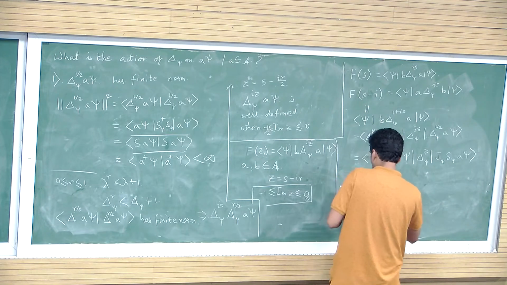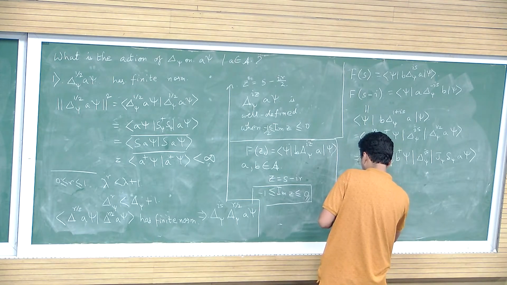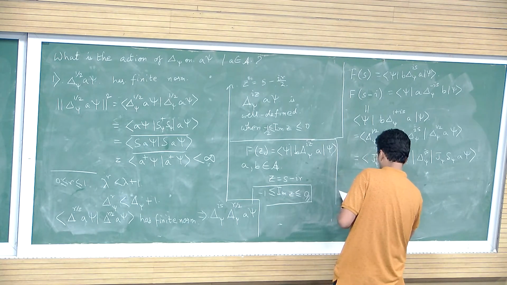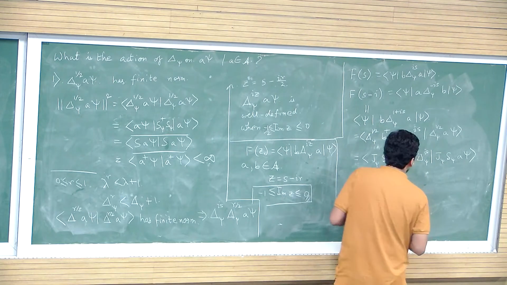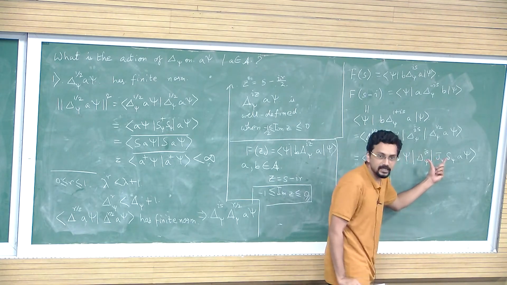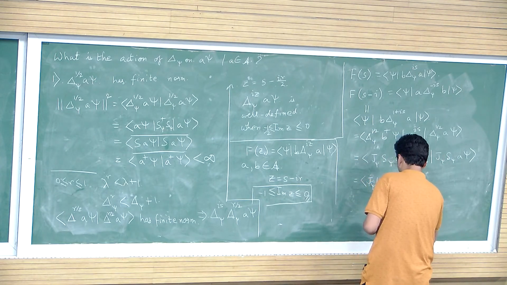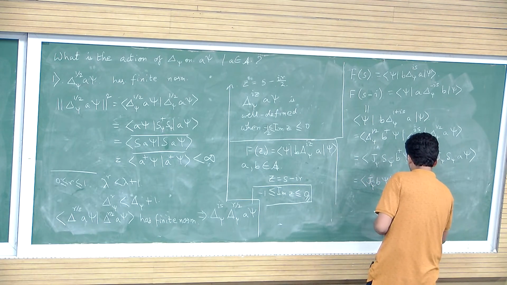Now, if this is the case, remember j and delta psi to the power I commute. So what I have here is j psi.